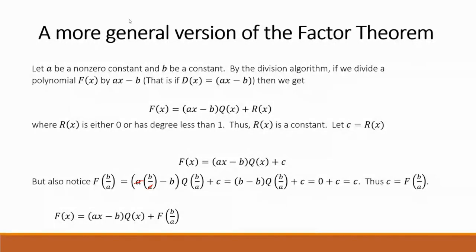Okay. So let's suppose again you have a non-zero constant a, a number. b, that's also a constant. Then by the division algorithm, if we were to divide a polynomial, capital F of x, any polynomial, by another polynomial, you get a quotient and remainder.